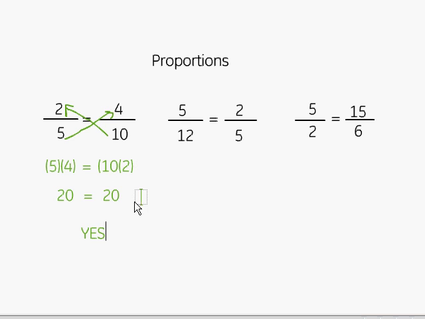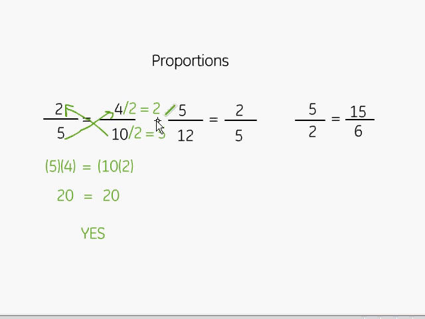Another way we could have decided if this was a proportion or not is by simplifying this fraction 4/10. I noticed that 4 and 10 can both be divided by 2. So if I do this, I would get 4 divided by 2 gives me 2, and 10 divided by 2 gives me 5.